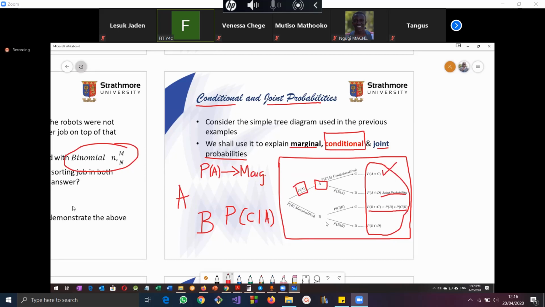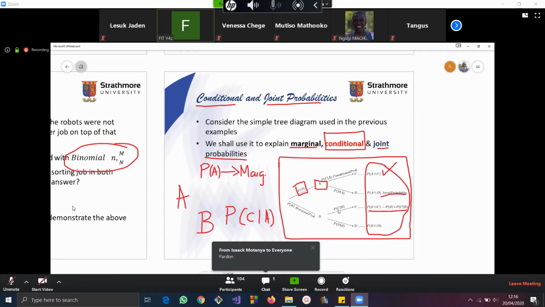The marginal probability times the conditional probability along that line is actually what a joint probability is. So here we can just say probability of B, because B occurred here, times probability of C given B. And that's how this simple diagram is used to explain all the three important probability terms that every machine learner or data scientist should know.